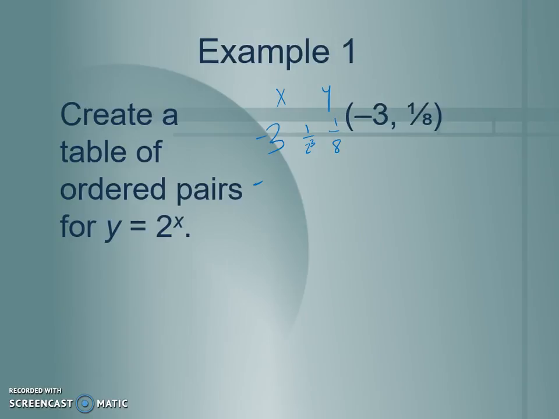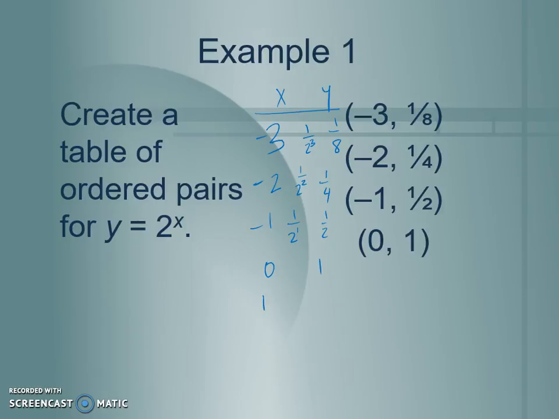Then if we do our -2, it's like saying 1 over 2 to the second power, which is going to be 1 over 4 for our y value. -1 is the same thing as 1 over 2 to the first power, which is just 1/2. 0 would be 2 to the 0 power, which would just be 1.